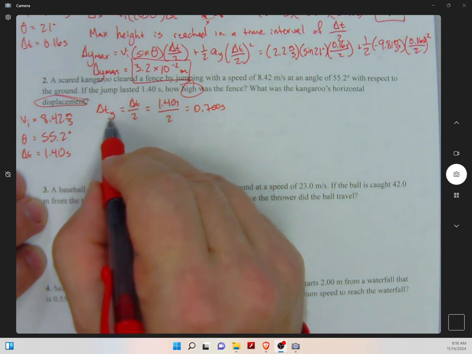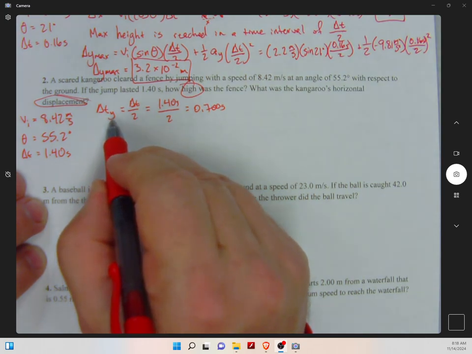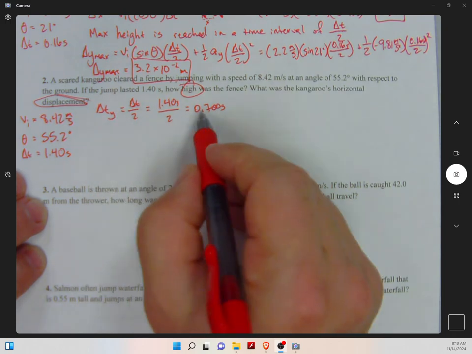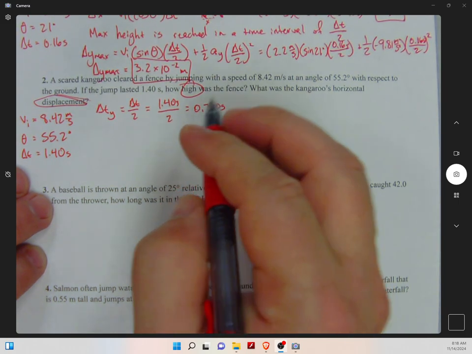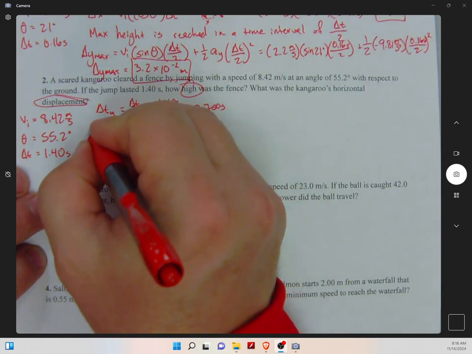So the time it takes to get to the y max, or in this context, the top of the fence, is 0.7 seconds.